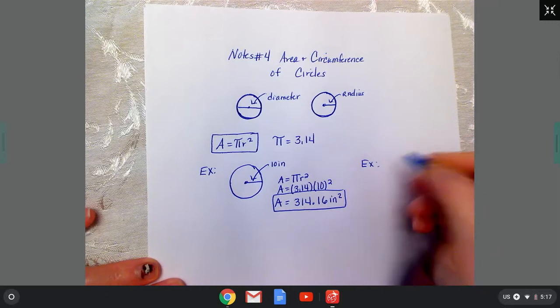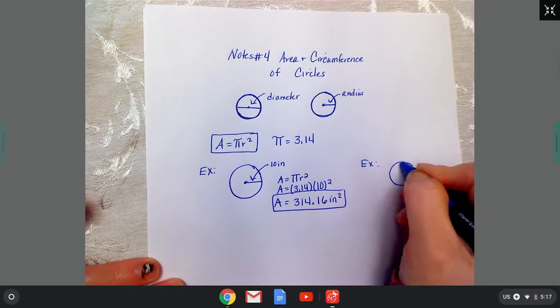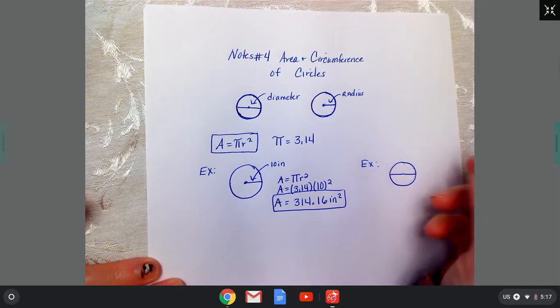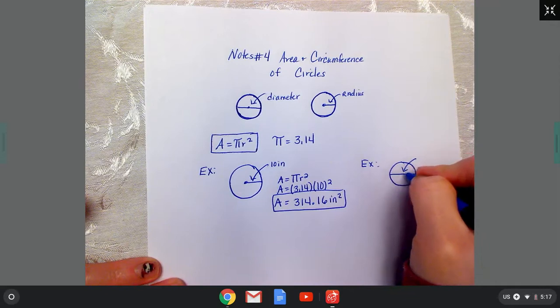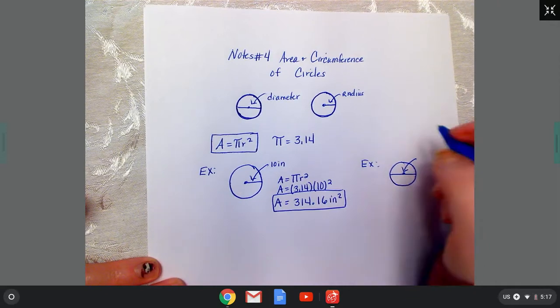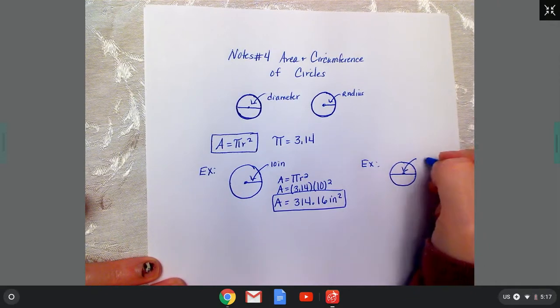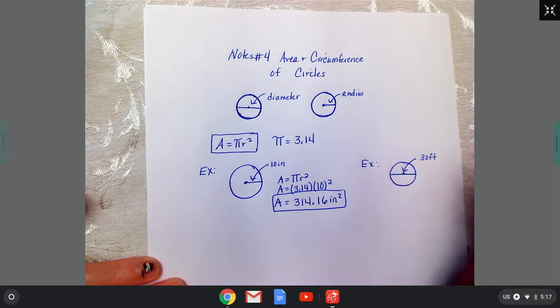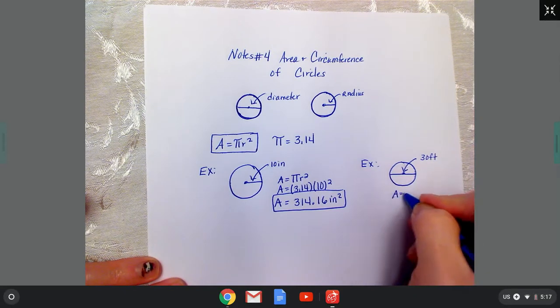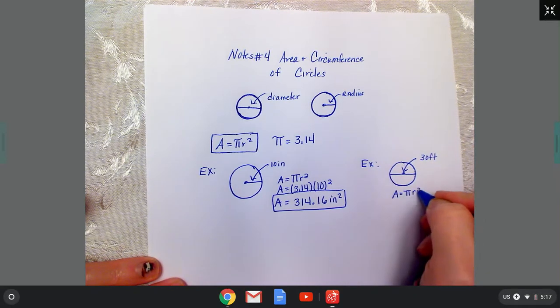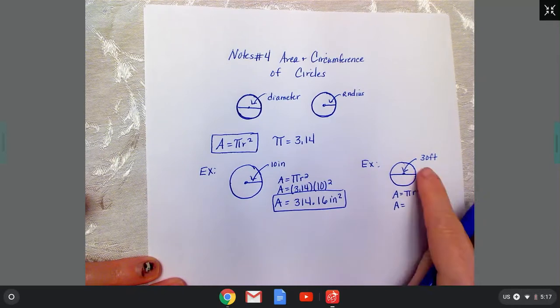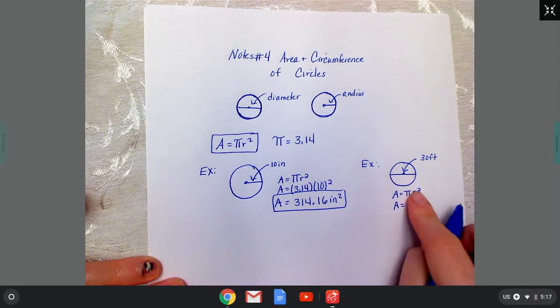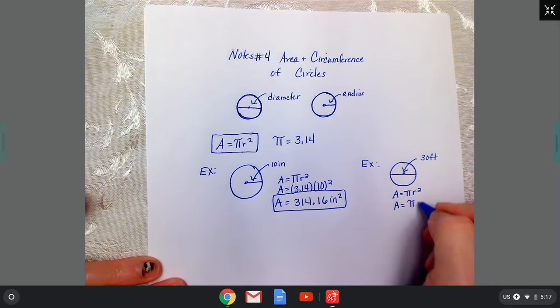This time they might give you the diameter, which is all the way across. For instance, if they have a line going across that's indicating that entire length for the diameter. When you do this formula, you're going to have to take half the diameter and come up with a radius. So this would be pi times 15 squared.